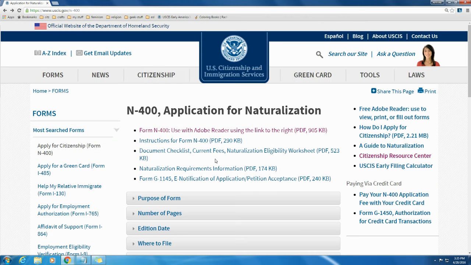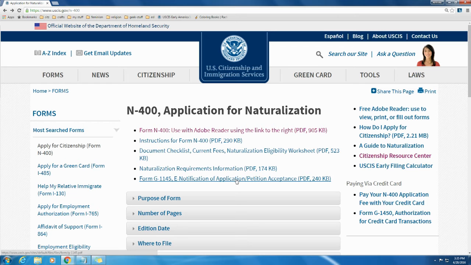Also, you might need to take a look at the instructions. You might need to take a look at your checklist to make sure you're sending everything in correctly. And you may want to take a look at this one, the new G1145. With this, they can electronically inform you that they have received your data and send you any updates.